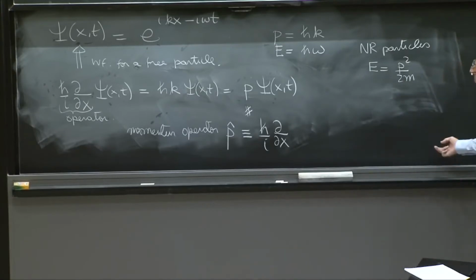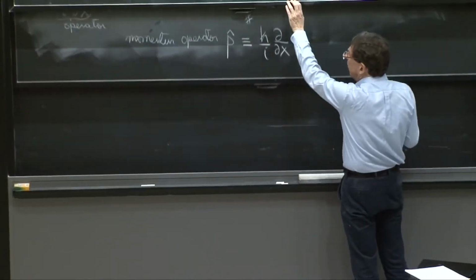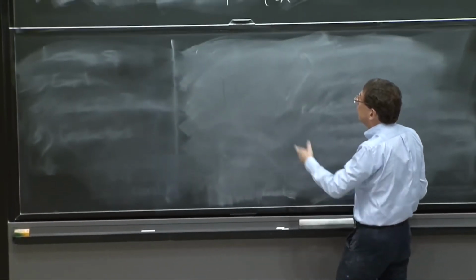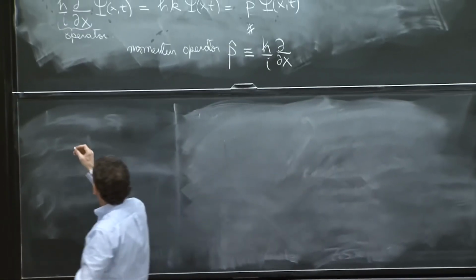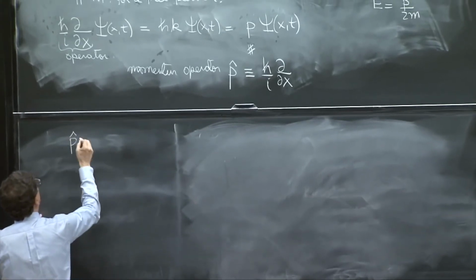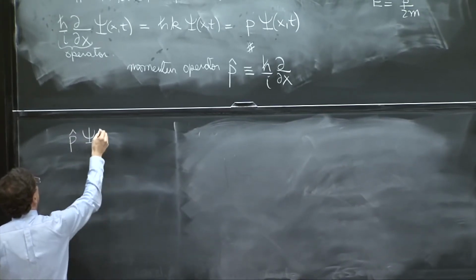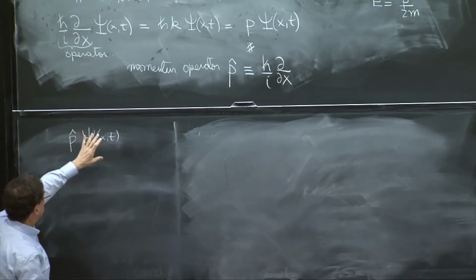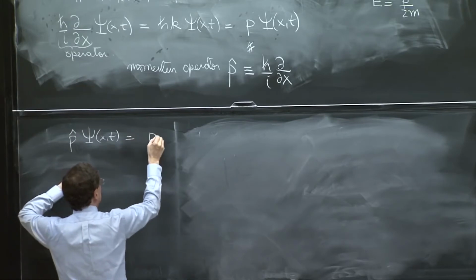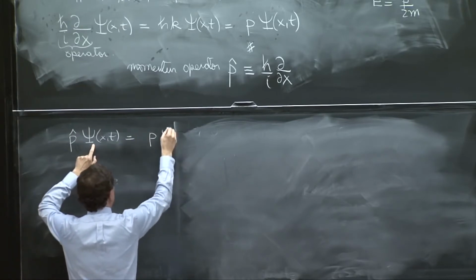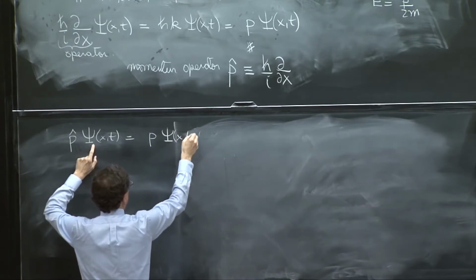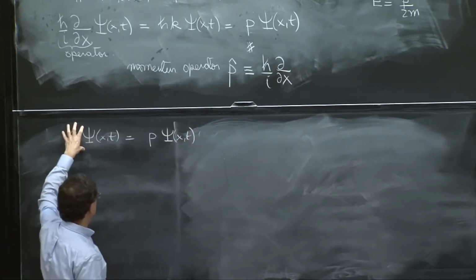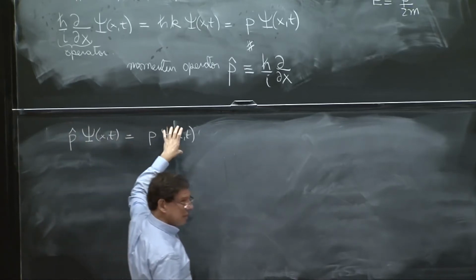And therefore, for our free particle, you can write what we've just derived in a brief way, writing p hat acting on psi, where this means the operator acting on psi, gives you the momentum of this state times psi of x and t. And that's a number. So this is an operator, state, number, state.